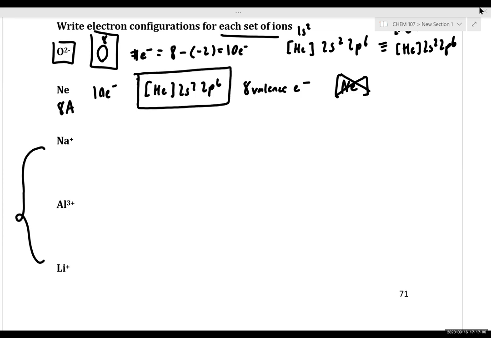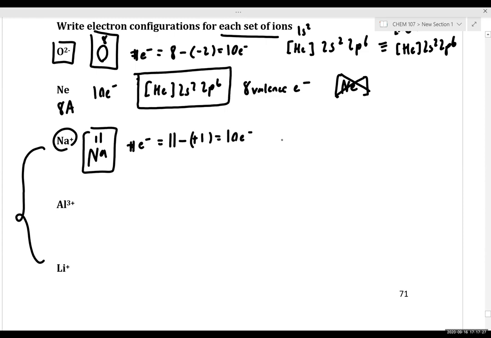Okay, so let's discuss. So sodium in the periodic table has 11 electrons to its name. Sodium plus, however, we have to take our atomic number and subtract the charge, which is +1, and that gives us 10 electrons to work with.